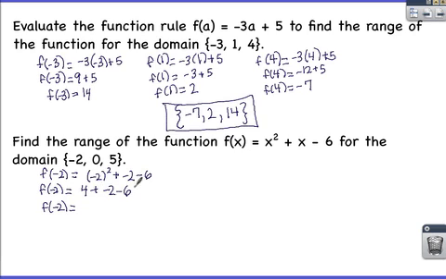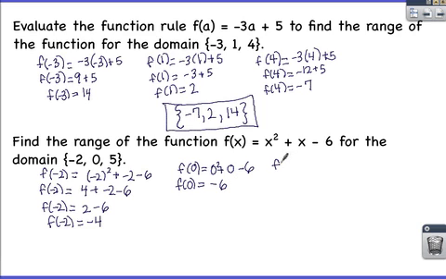Now we go from left to right, so 4 plus negative 2 gives us 2, minus 6, and we get that f of negative 2 is negative 4. Now let's do 0. Since we don't have a negative number, we didn't have to put it in parentheses here. 0 squared is 0, plus 0, minus 6 gives us negative 6.